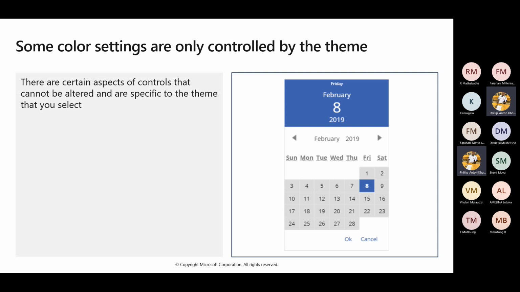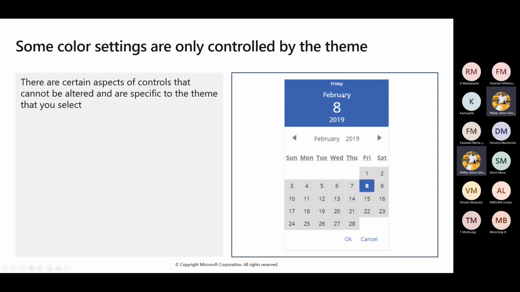Here we have some color settings that are only controlled by the theme. Take for instance a calendar. You don't get to choose how this blue color should look, but you select a theme. If my company decided to use orange, you just select that orange, and make sure that it is in line with your company's color.